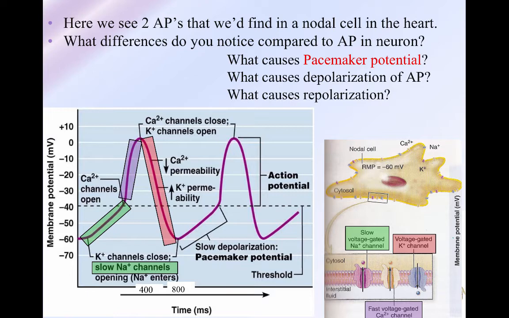Again, when we hit -60, that's going to be the stimulus to open up the slow sodium channels. And for that reason, these were previously known as funny sodium channels. We tend not to use that terminology anymore, but that was what we used to say about them. It was the repolarization that opened them, and so they were funny. They weren't typical sodium channels.